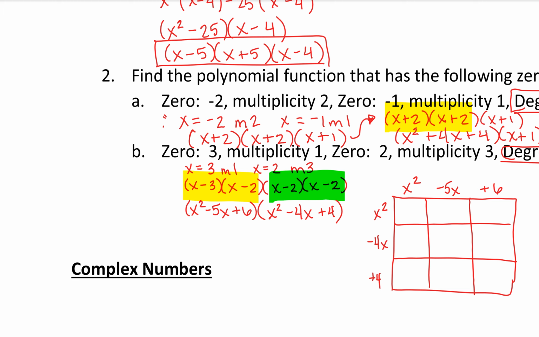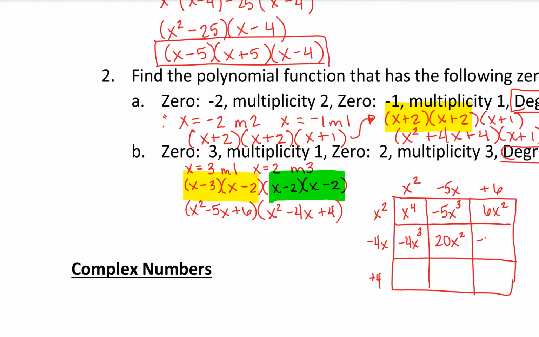So my first box, x squared times x squared, is x to the fourth. X squared times negative 5x is going to be a negative 5x cubed. And then a positive 6x squared. This should be a negative 4x cubed. Negative 4, negative 5 is going to be a positive 20x squared.